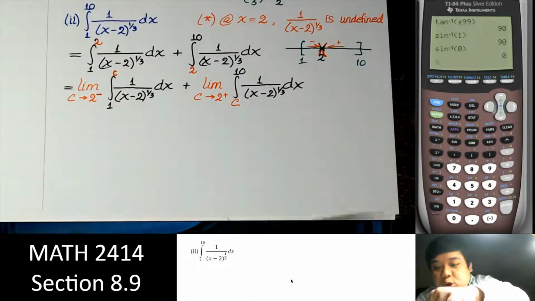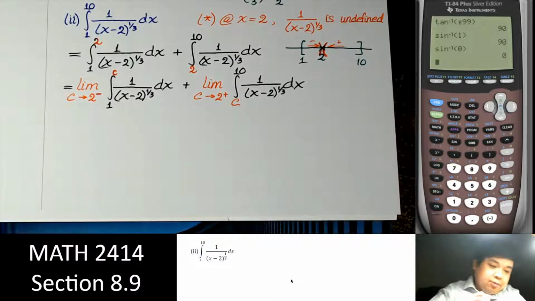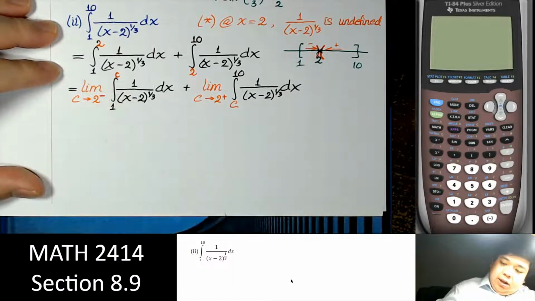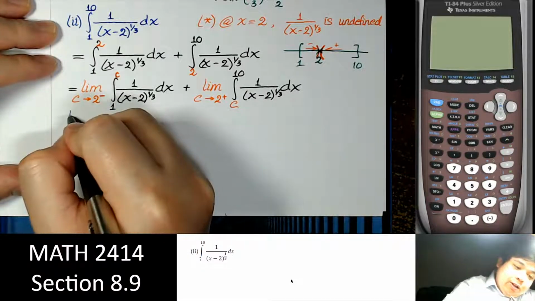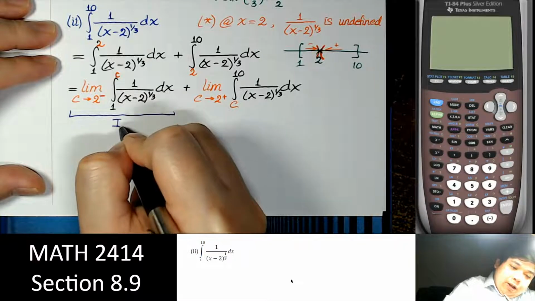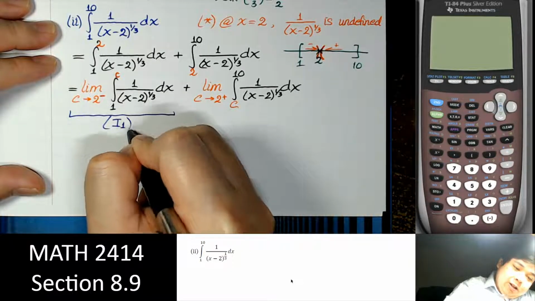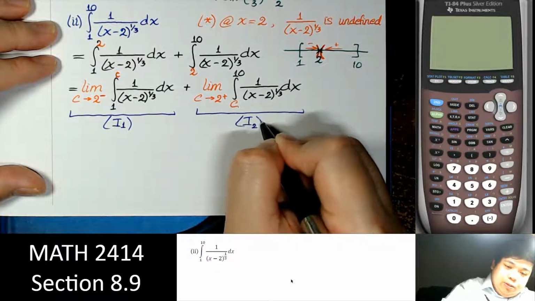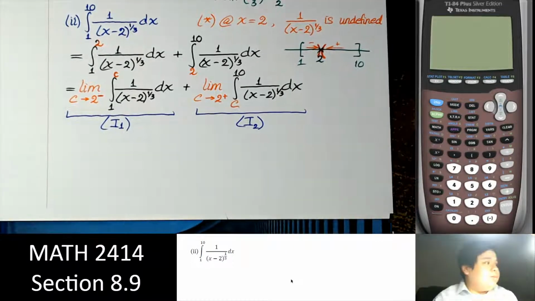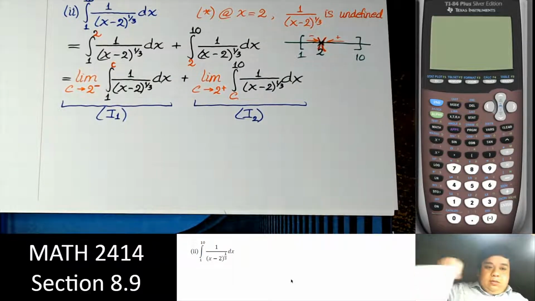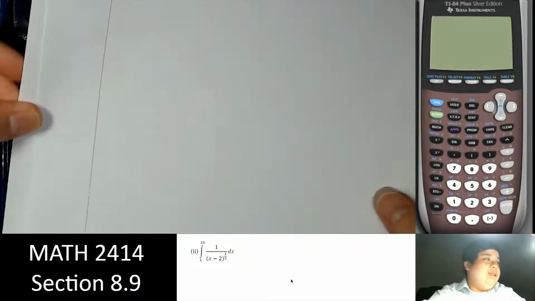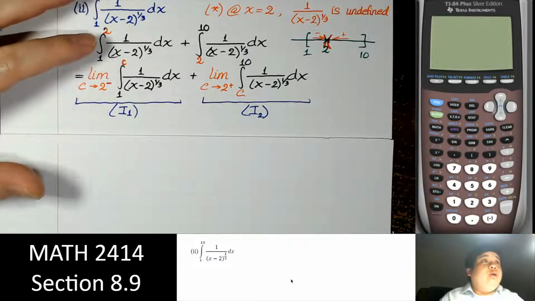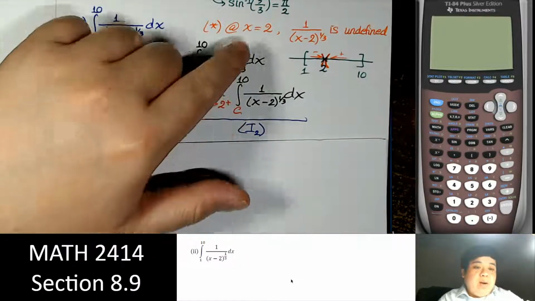Now pretty much we have to do 2 problems. Let's call this integral I1 and this I2. When we do the improper integral, make sure to determine where the problem is.